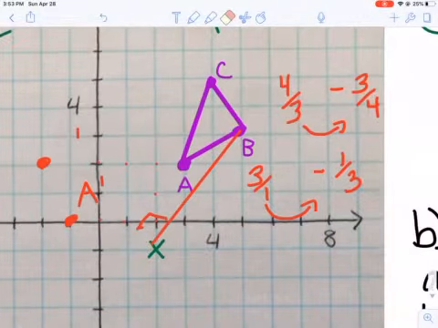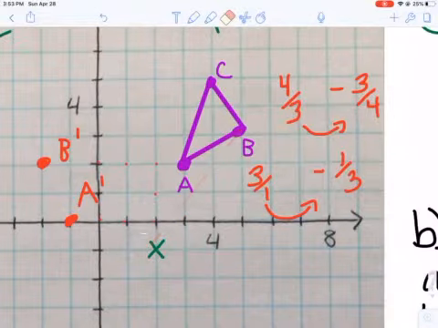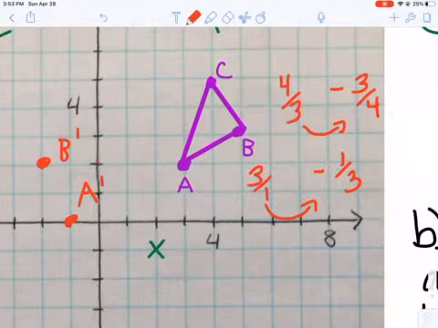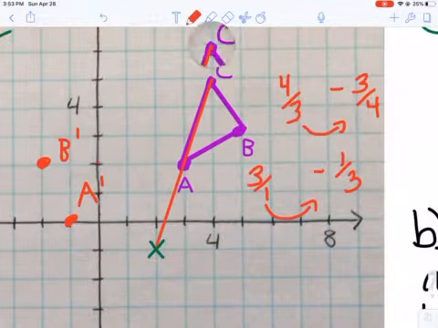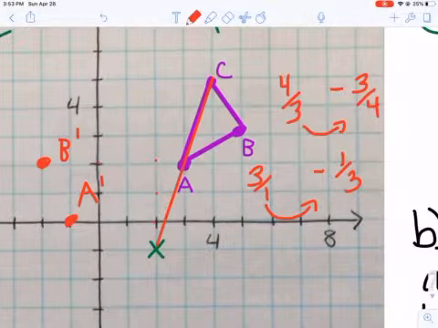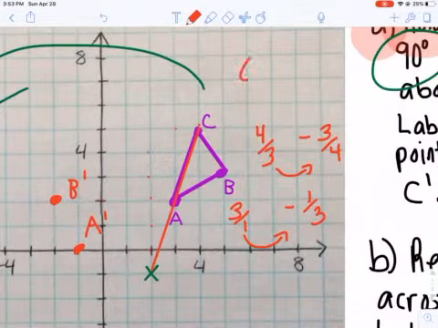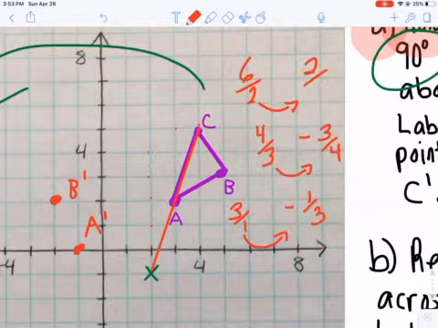Now I'm almost done. I just need to do this for one more point, so I'm going to do it for point C. Again, I'm just going to make a solid line from my center of rotation to C. Go up 1, 2, 3, 4, 5, 6 over 2. I'm not going to simplify my slope here. I'll show you why. 6 over 2. I want the opposite reciprocal, -2/6.